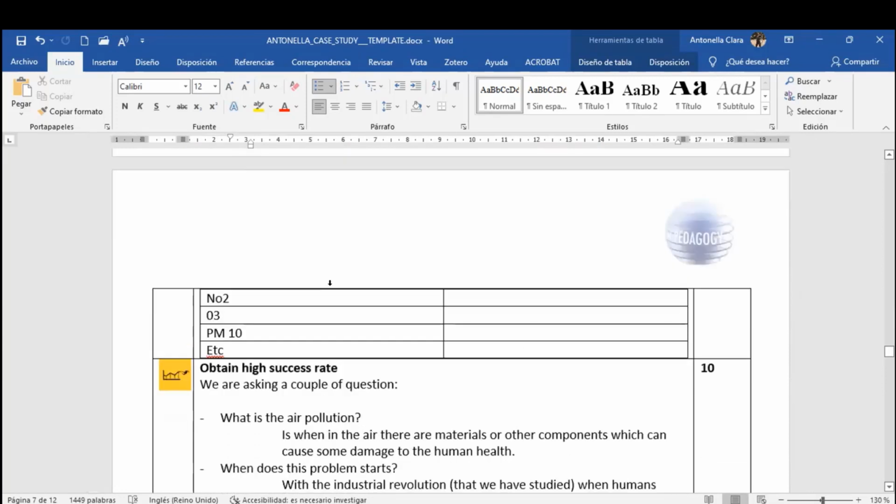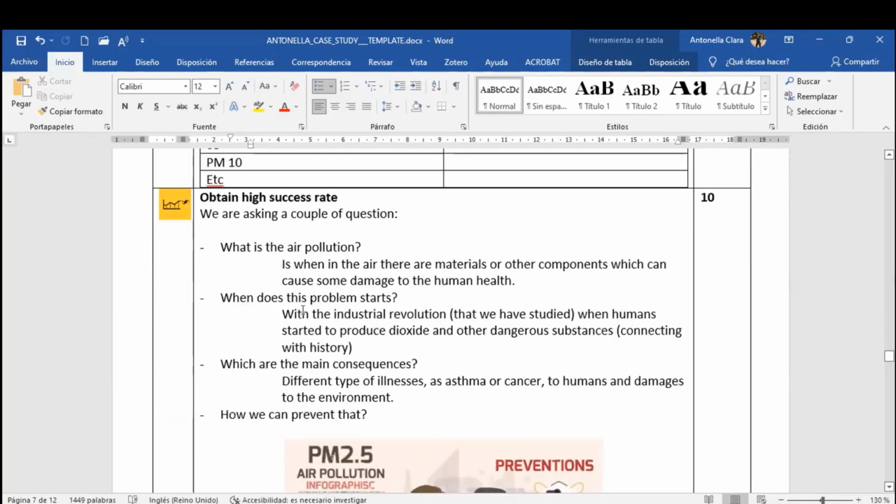with what happened really in their city and what they really have suffered in their skin. And at the end of all the map, we prepare a short list altogether with some of the components. And this is a collaborative work. The next point is to obtain a high success rate, which is very important in the Rosenshine principles, because he is speaking about 80% of success.